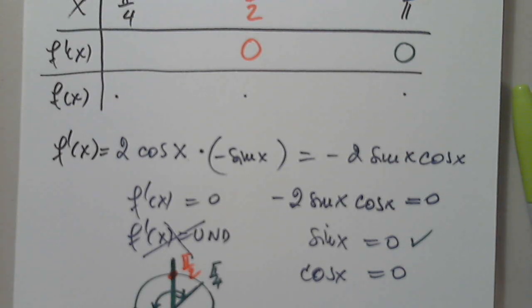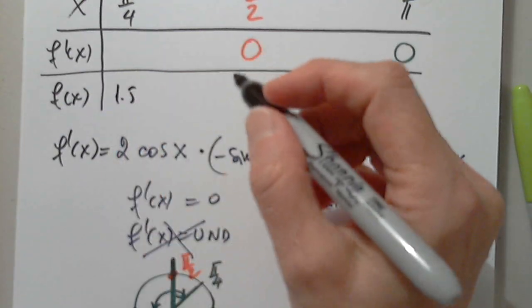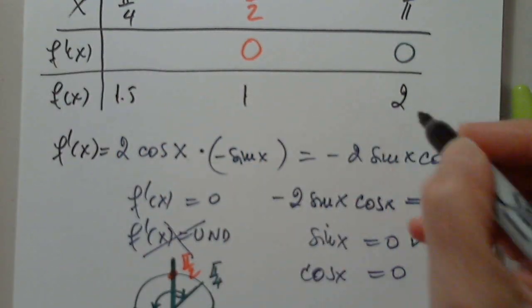Okay, and I'm going to plug in pi over 4. I'm going to plug in pi over 2. And I'm going to plug in pi. So I got 1.5. I got 1. And I got 2. Perfect.